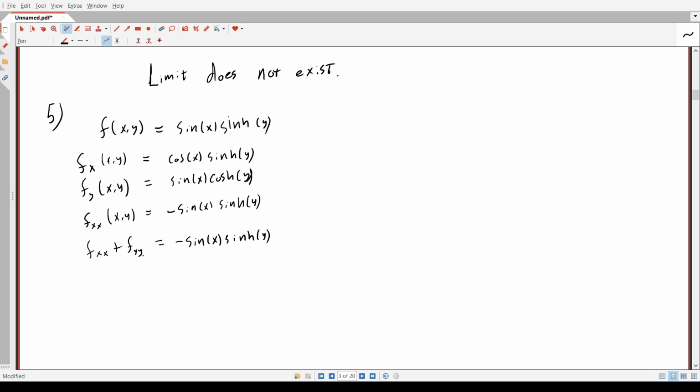And now I need to do the partial with respect to y of the partial with respect to y. So that's going to be sine of x sinh of y. These cancel out, and I get 0. And those are my answers.